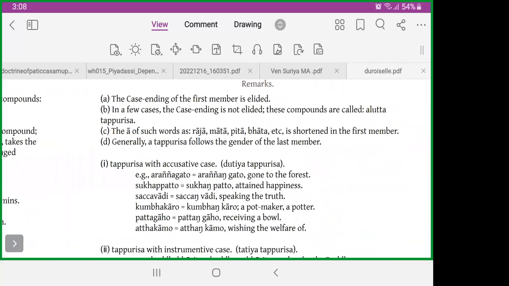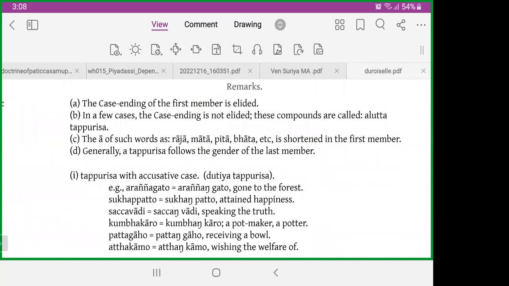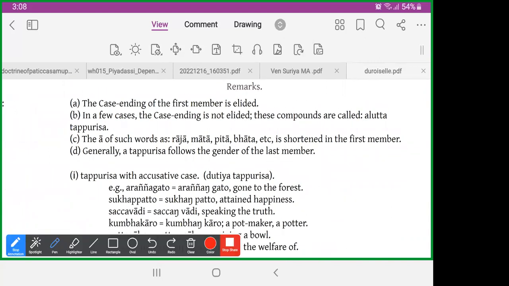Now this is some of the things. All right, so we should read up to here. Okay, please join me in reading. Number A. The case ending of the first member is elided. In a few cases, the case ending is not elided. These compounds are called aluta tappurisa.